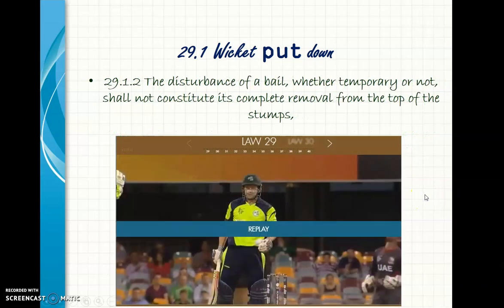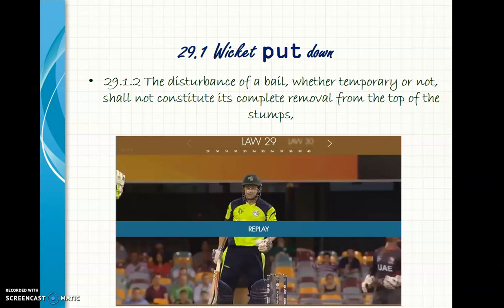Now moving forward, let's see the negative conditions here. The disturbance of a bail, whether temporary or not, shall not constitute its complete removal from the top of the stumps, which would mean that the temporary removal of bails will not be considered as complete removal of the bails, which is the primary condition for the wicket to be put down.